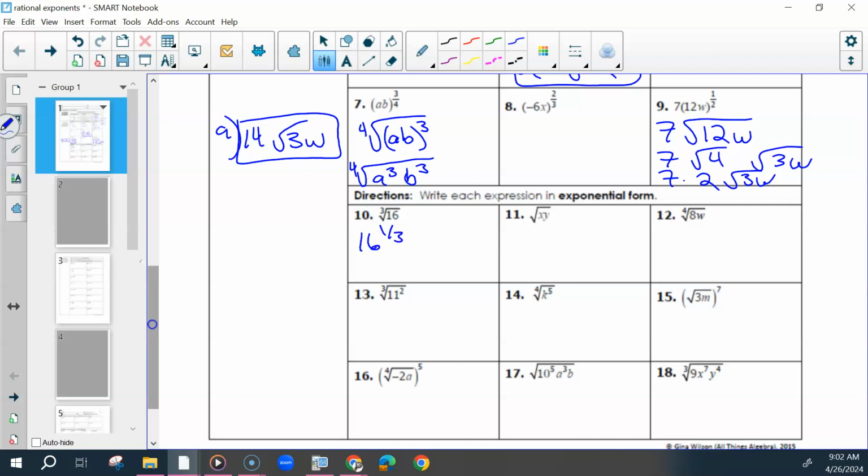So you can leave it like this, or you can put parentheses. You don't need the parentheses in this case, though. What about number 11? Otherwise it just looks like y is being raised to the 1/2.